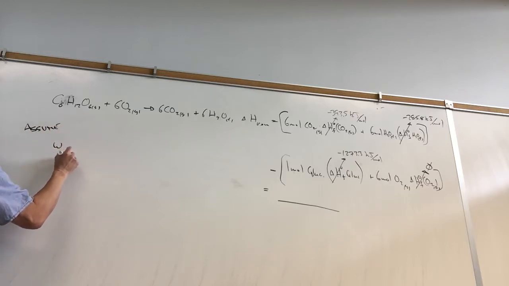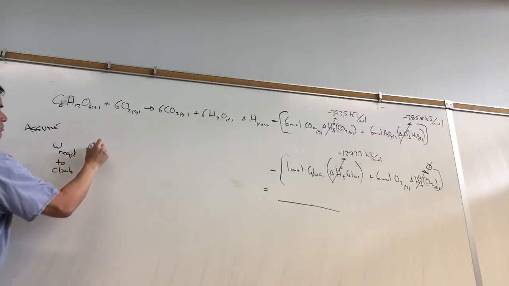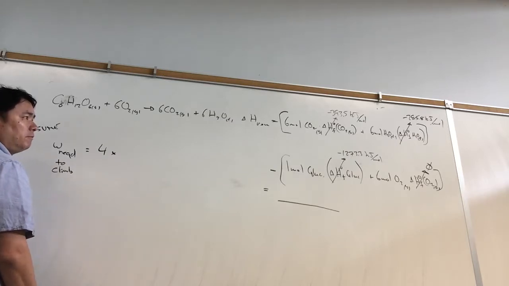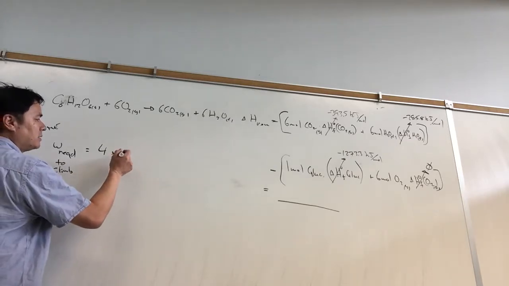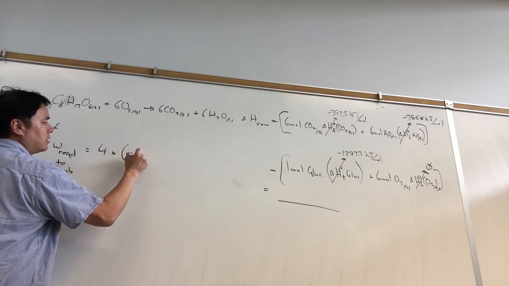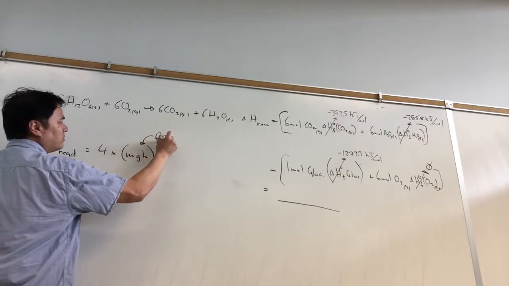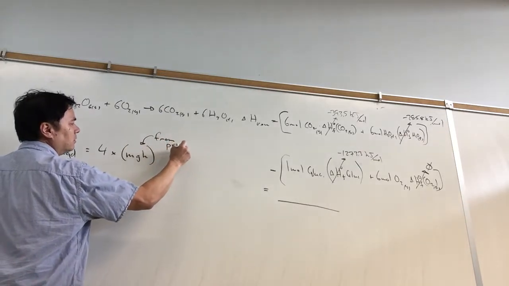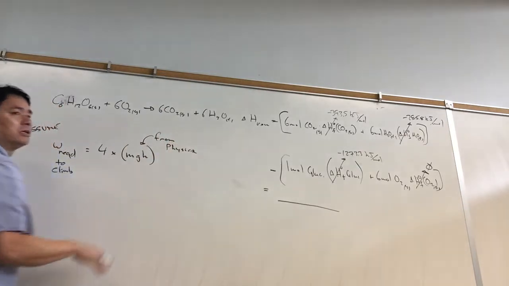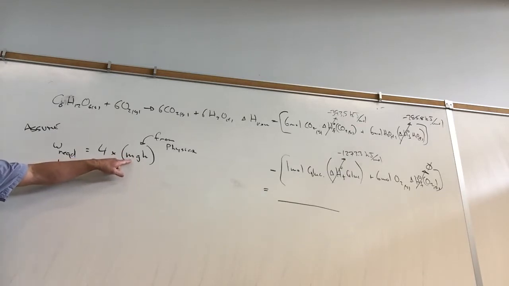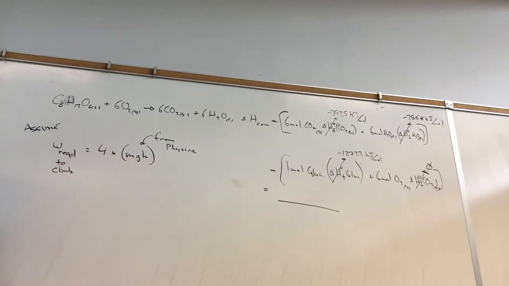Okay, so we're going to assume that the work required to climb the mountain is equal to 4 times raising a mass. Well, raising a mass comes from physics, mgh. They didn't give this to us from physics. It's how much energy it takes to raise a mass of a certain mass against gravity, a certain height.